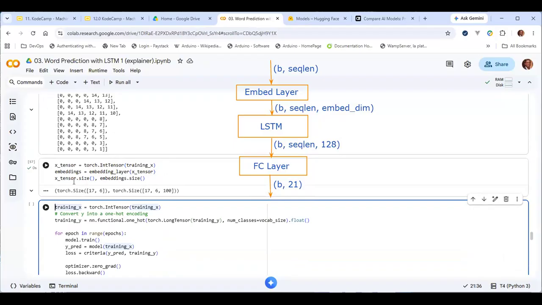You see the size of the input tensor is 17 by 6, where 17 is the batch size, the number of data samples.